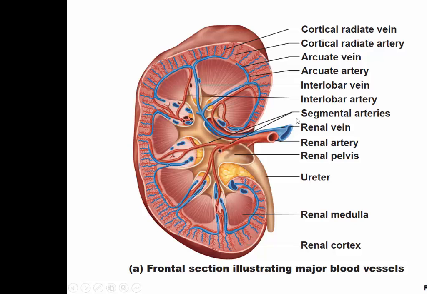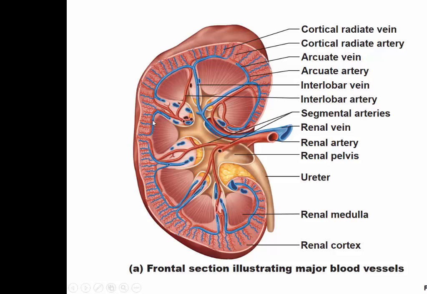That's not in your list, but as it branches and then goes between or through the middle of these columns here that are between the pyramids of the medulla, we call these the interlobar arteries. So they run in between the pyramids of the medulla. And then they branch and go across the top of the wider portion of the pyramid.